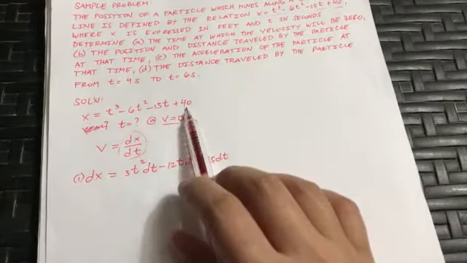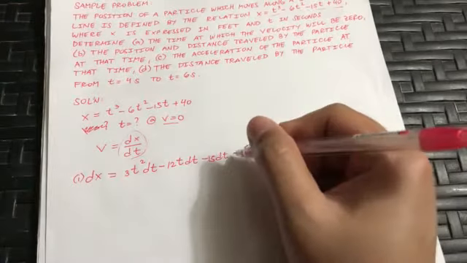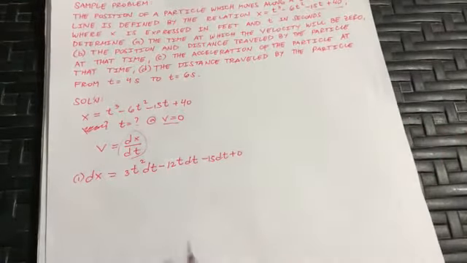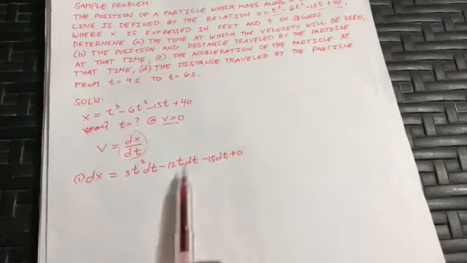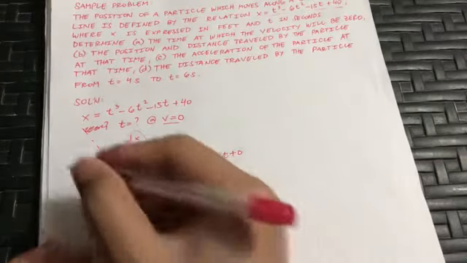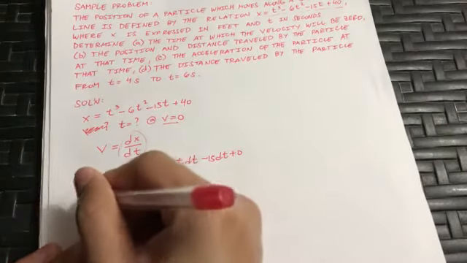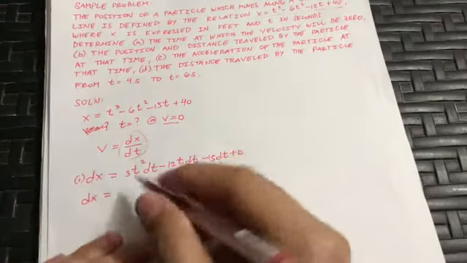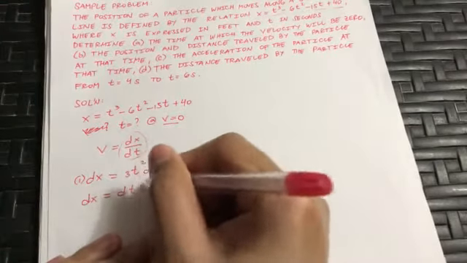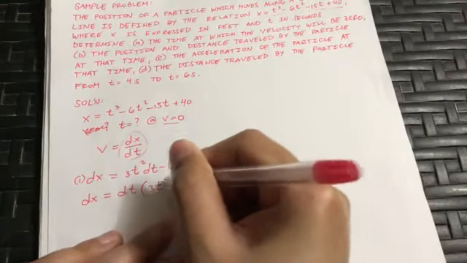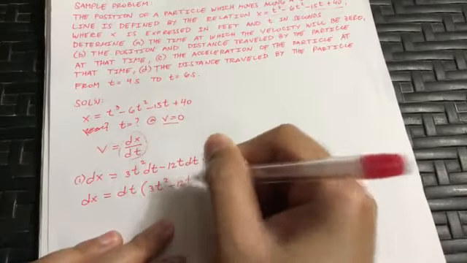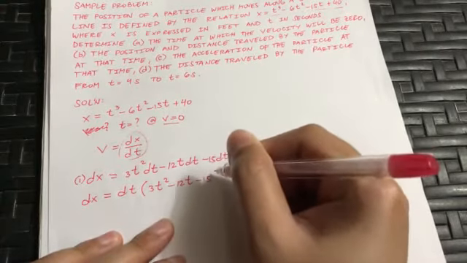The derivative of a constant is 0, so we have plus 0. We can factor out dt, and we get dx equals dt times 3t squared minus 12t minus 15.